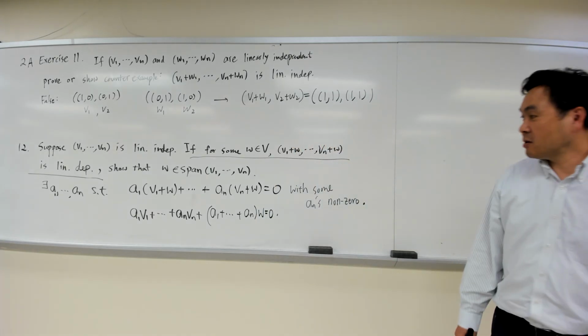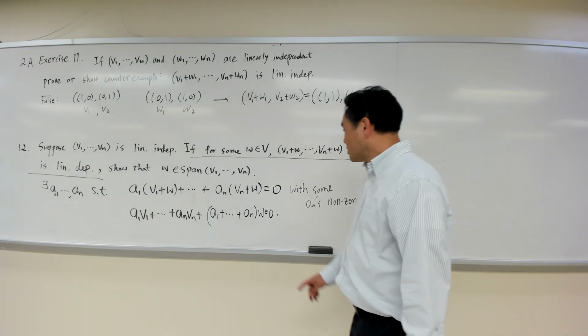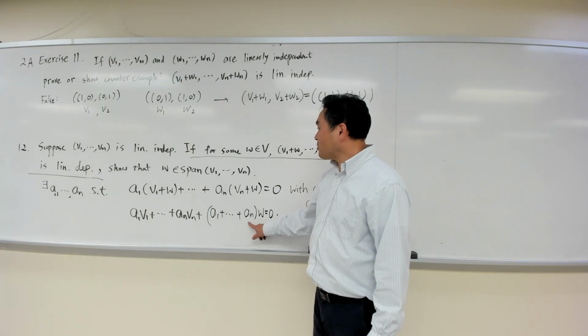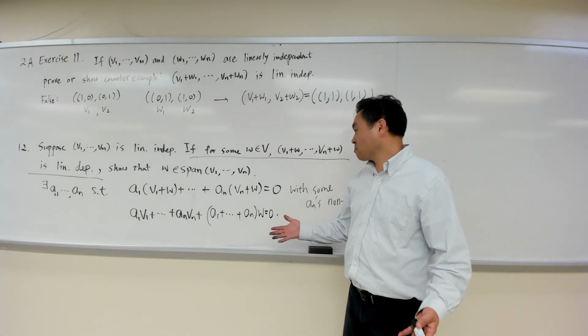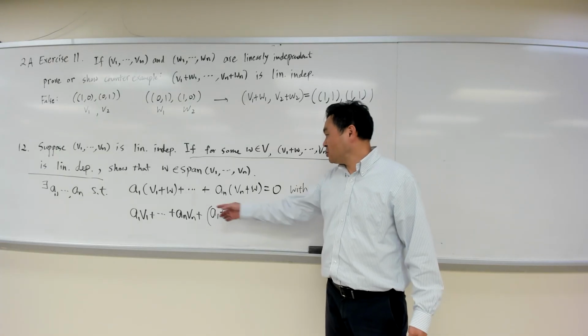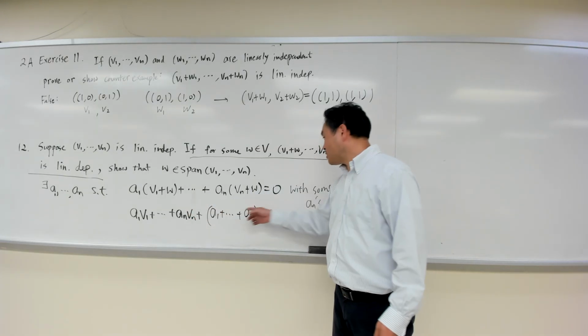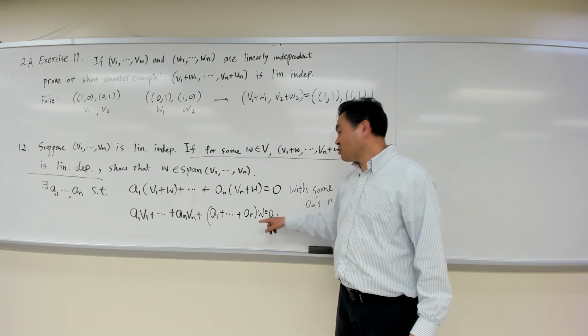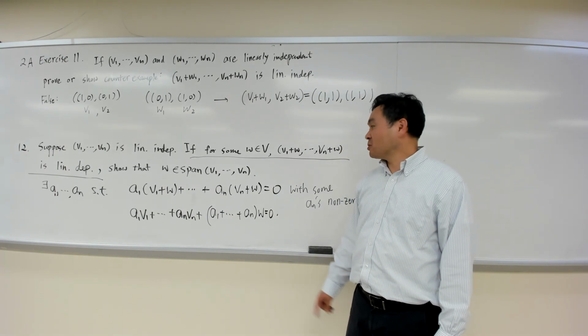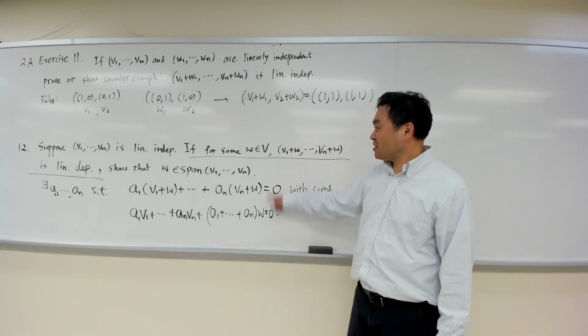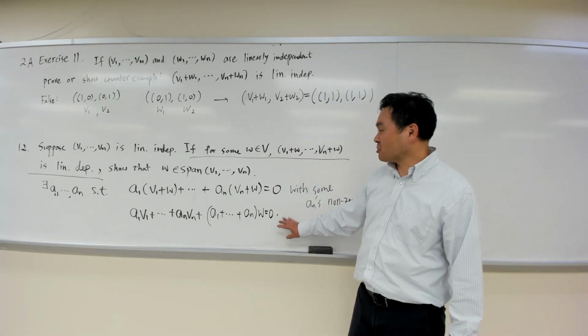And then look at this. Does this have anything to do with W being in the span? I think so, because you can move everything to the right side and divide by this, then you've shown that W is in the span, right? So noticing that is a way to solve this problem.